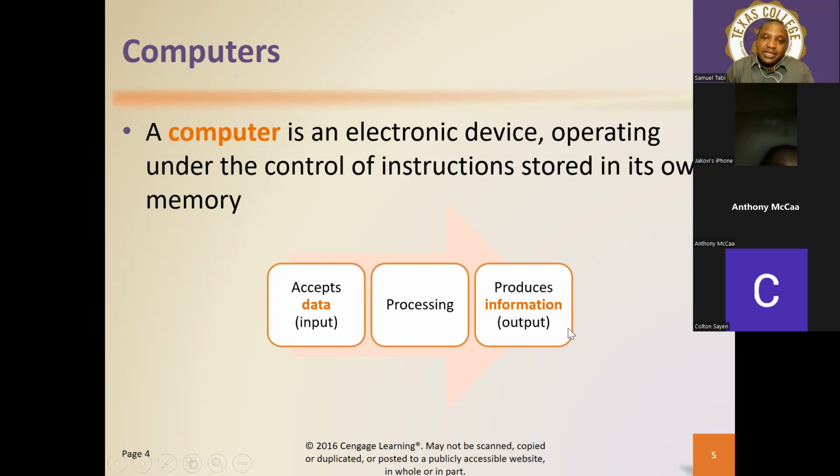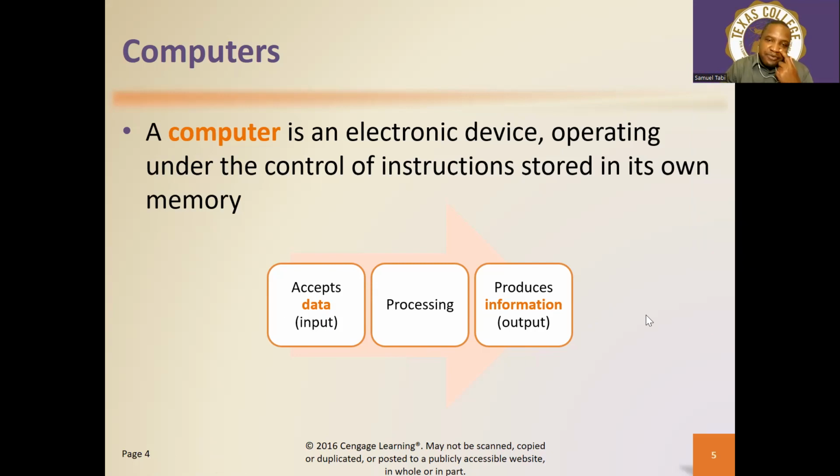Data does not make sense. Information conveys meaning. Information makes sense. You and I are able to relate to information, but we can hardly make sense out of data. So that's why there's the need to process or analyze or transform the data into information, which makes sense, which is meaningful, which you and I can relate to.